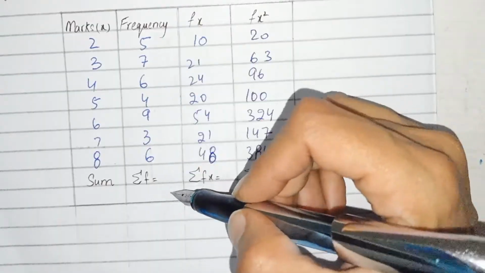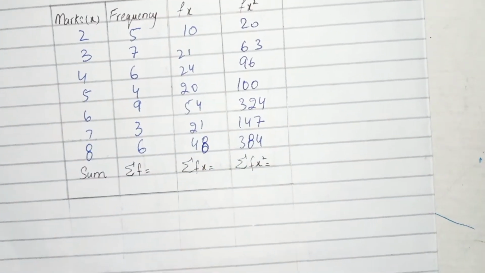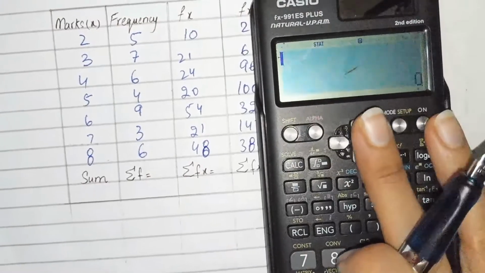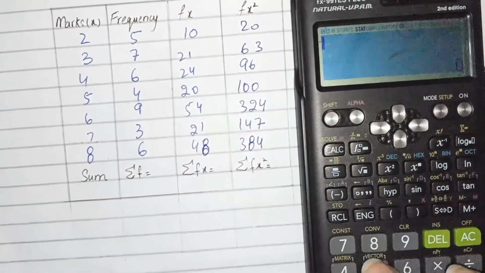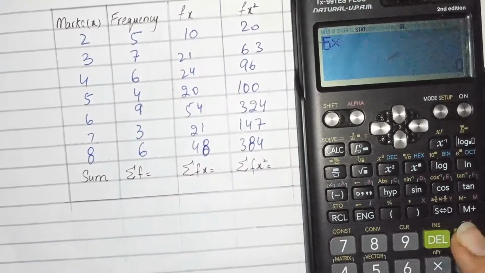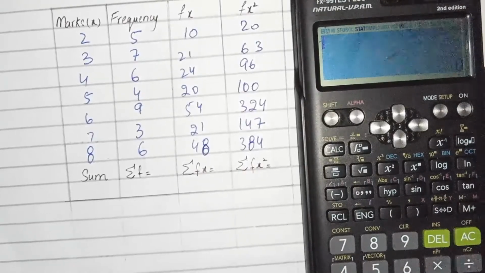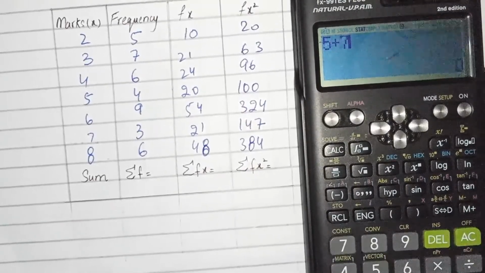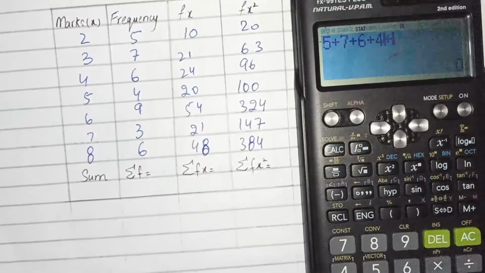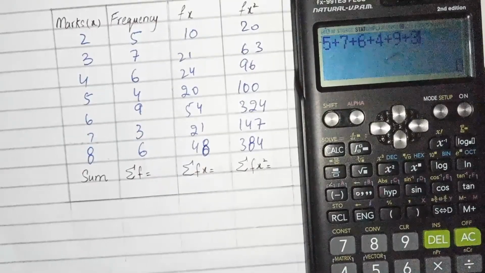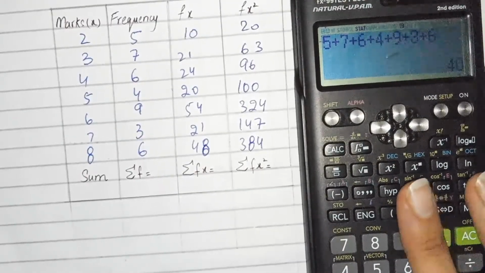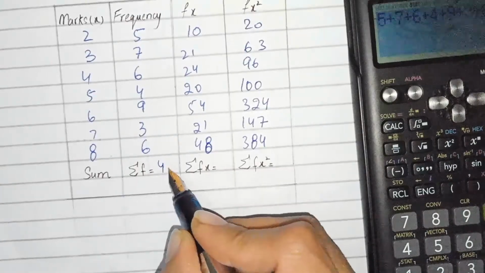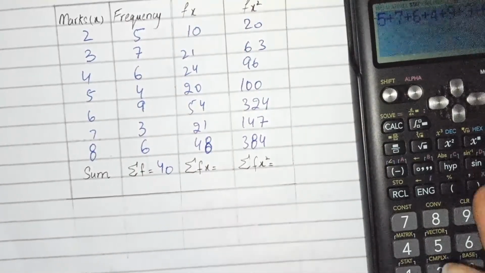Now we have to find the sum of these values, and we use the calculator. 5 plus 7 plus 6 plus 4 plus 9 plus 3 plus 6, and we get 40. Sigma f, the sum of frequency, is 40.